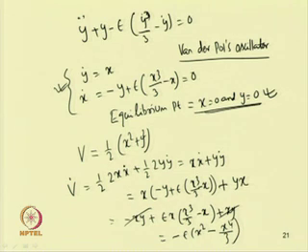These terms are x square and x fourth, so they are positive, and this term will be always negative. From this we have seen that we will have a stable point at x equal to 0 and y equal to 0.